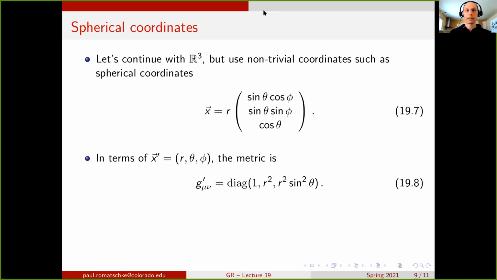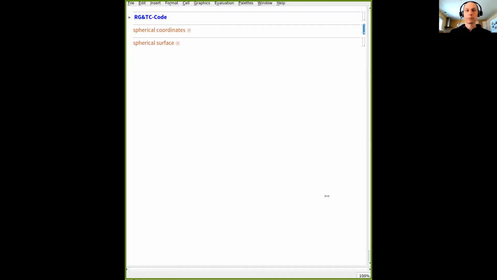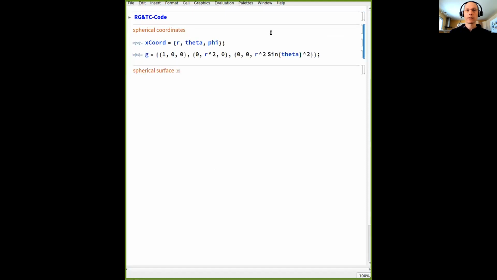To do so, let us use the symbolic manipulation package. Again, I hope you can see this. So basically, I start by evaluating the code here, and then I use my coordinates r, theta, and phi as I have in my lecture. This is my metric, a diagonal tensor, and it has the required form.